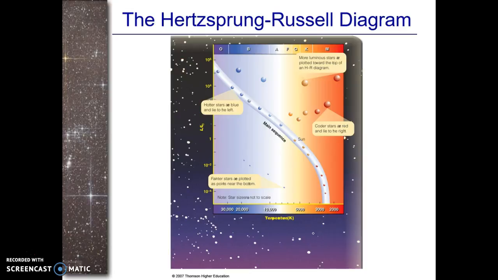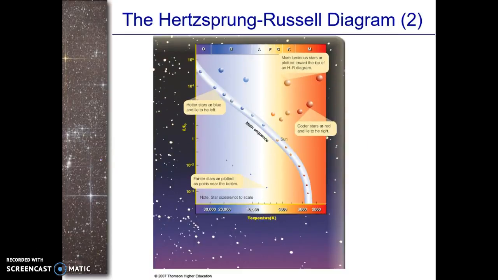The very luminous stars are at the top, the low luminosity stars at the bottom, the very cool stars on the right, and the very hot stars on the left. Here in the middle we have the main sequence, where 90% of your stars are found. Most stars are found along the main sequence.